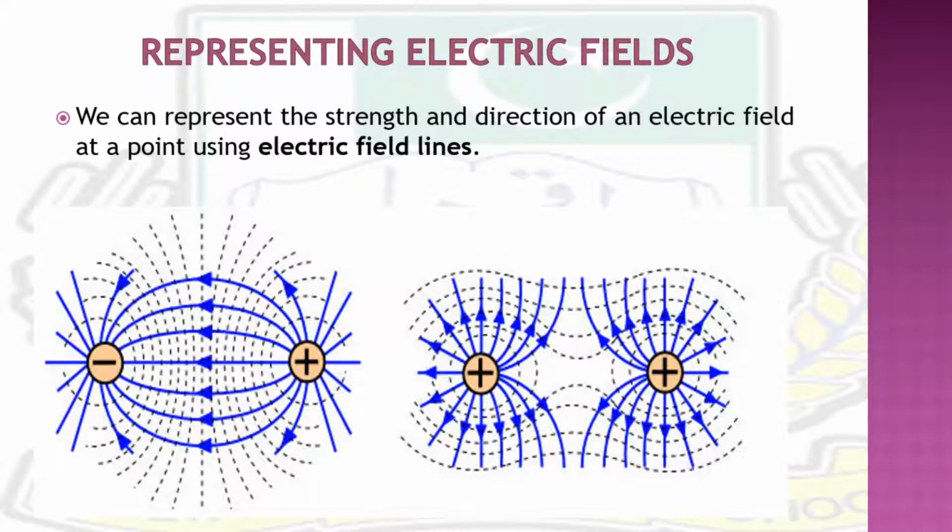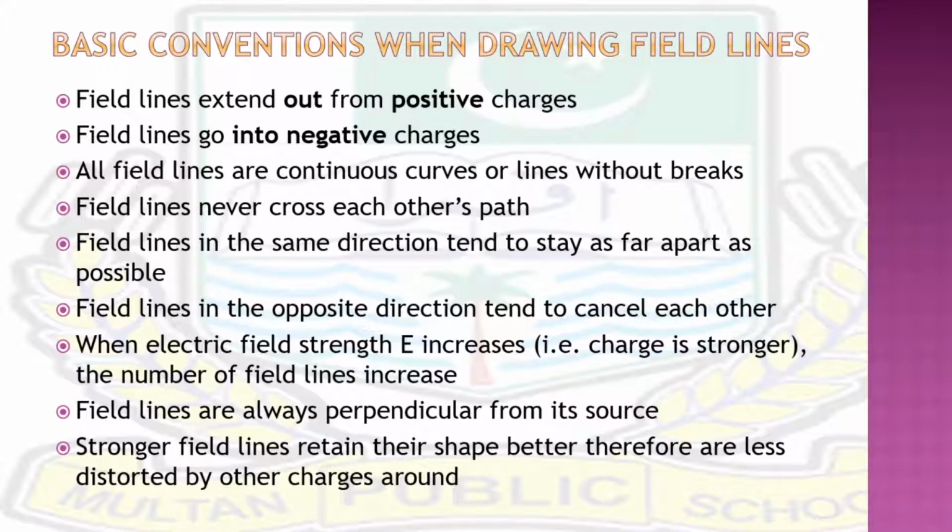Now we can represent the strength and direction of an electric field at a point using electric field lines. Now we have to see some basic conventions when drawing field lines. Number 1, field lines extend out from positive charges. Field lines go into negative charges.